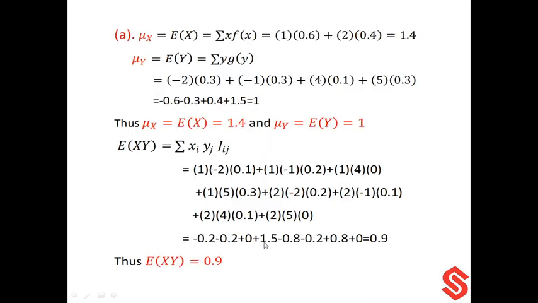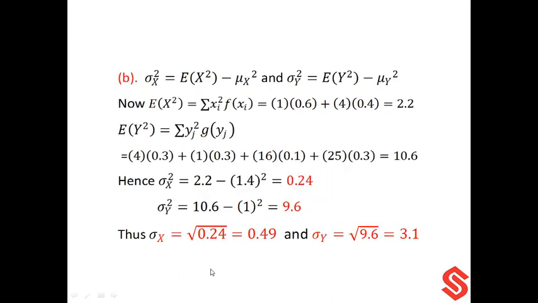Substitute the values and simplify, and you get 0.9. Therefore expectation of xy is equal to 0.9.